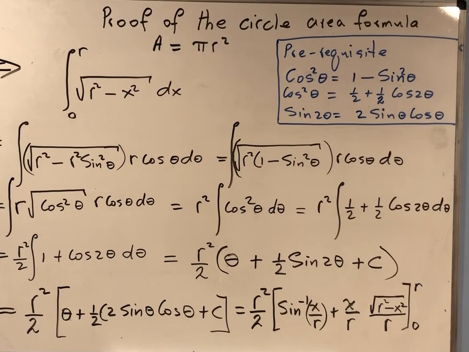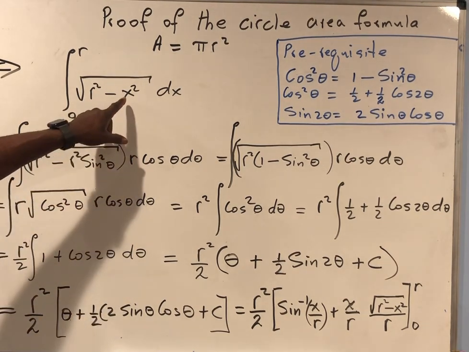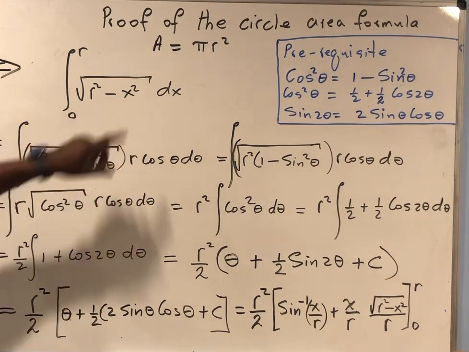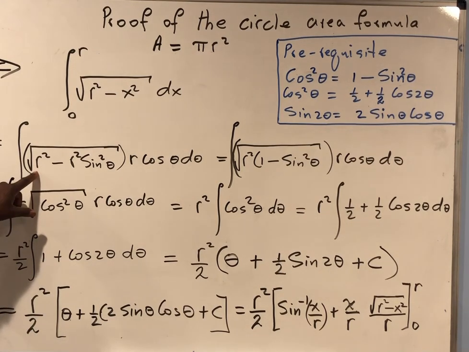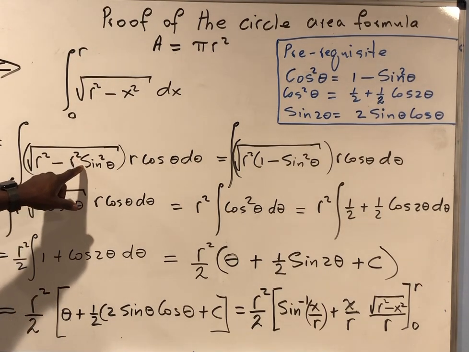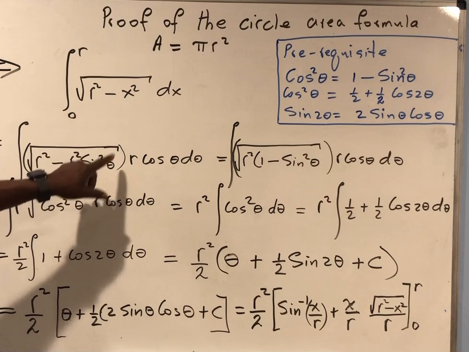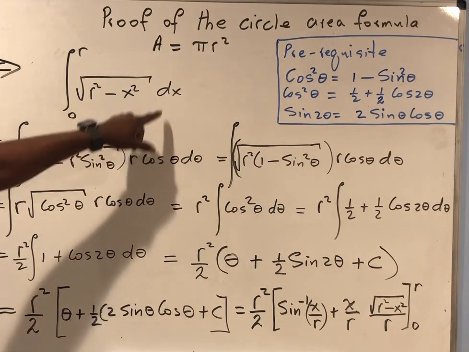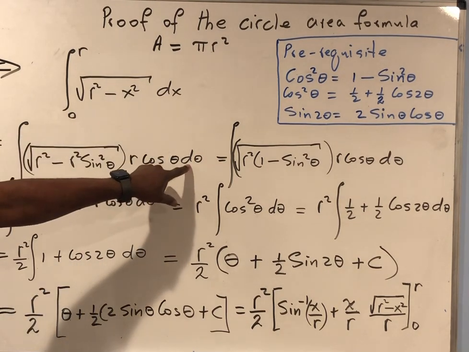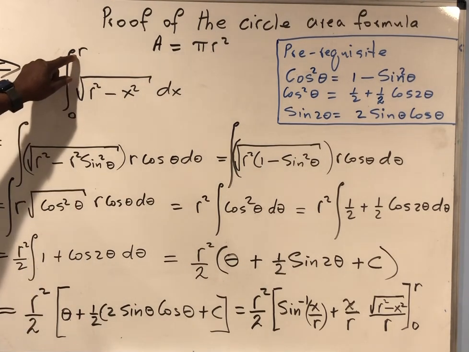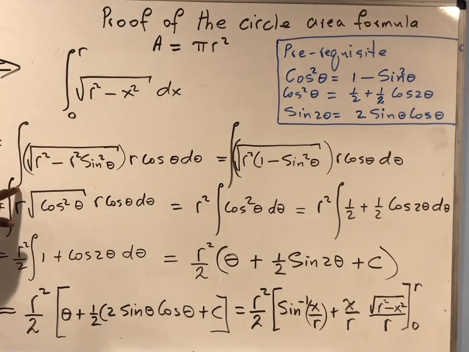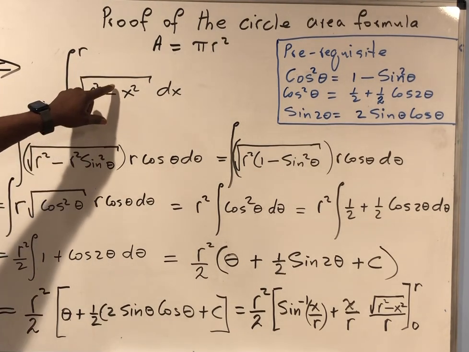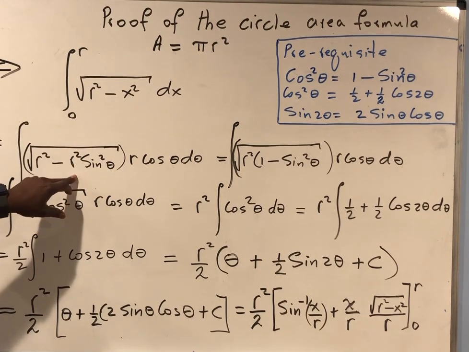Making the trigonometric substitution, that is, substituting x equal r sine theta in the integral, we end up with the square root of r squared minus r squared sine squared theta, and dx is equal to r cos theta d theta. Notice that we drop the limits of the integral because we have now switched from x to theta.